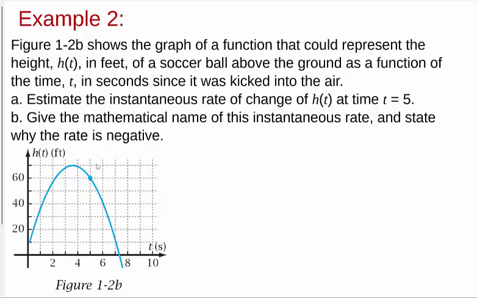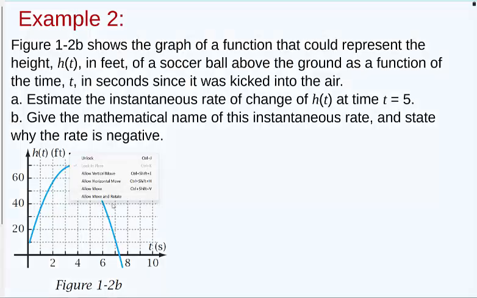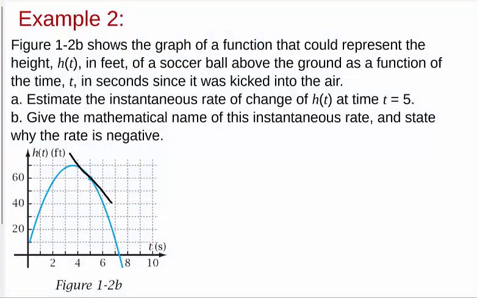So we can see, we want to estimate this instantaneous rate of change. Well, remember I told you the idea of a line. The instantaneous rate of change can be represented by what we call a tangent line, a line that goes through one point. So if I draw a tangent line, excuse me, not that line.